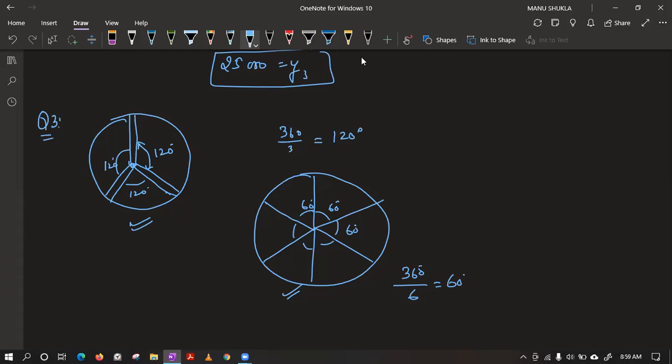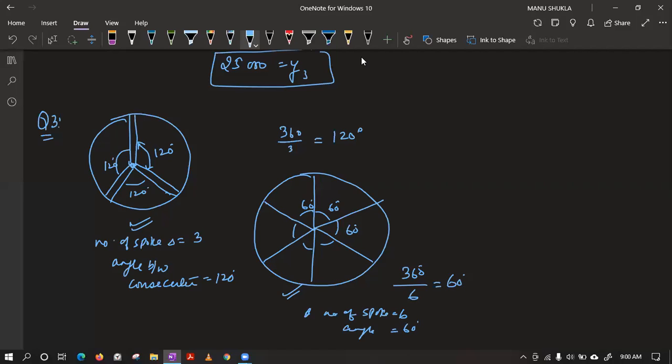Now if you observe, as soon as I increase the number of spokes, here the number of spokes was 3 and the angle between consecutive spokes was 120. In this case, the number of spokes is 6 and the angle became 60 degree.